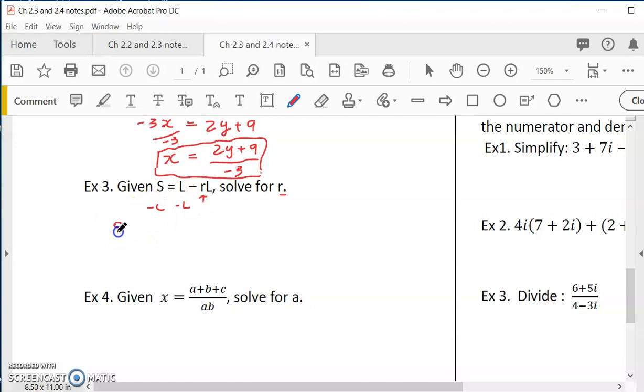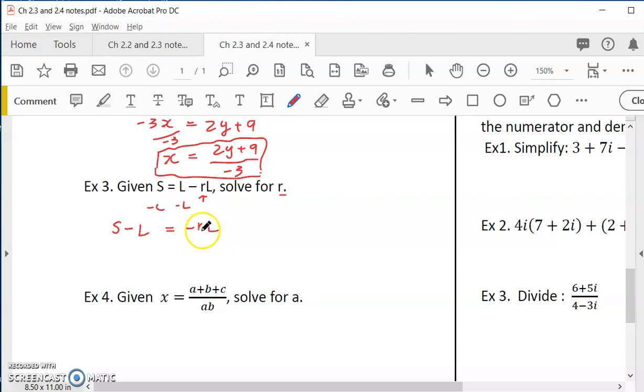So the left-hand side will be S minus L. The right-hand side, do I have just RL? No. Then you have to keep this. This minus RL belongs to this term, negative RL. Okay, remember, the subtraction becomes a negative 1 attached to RL.